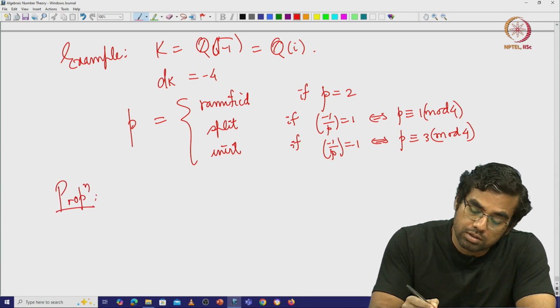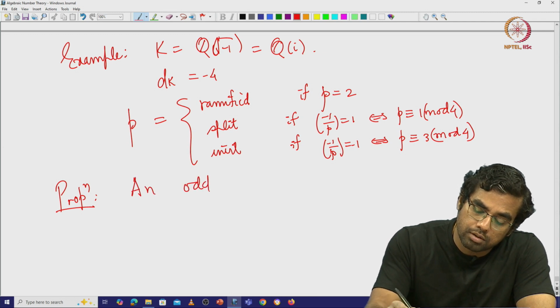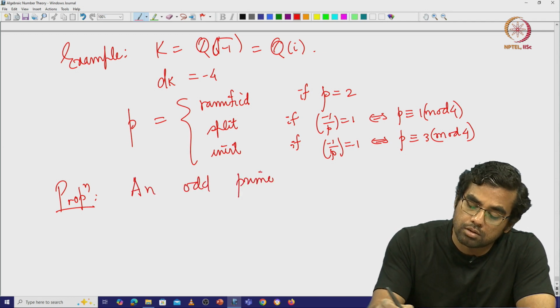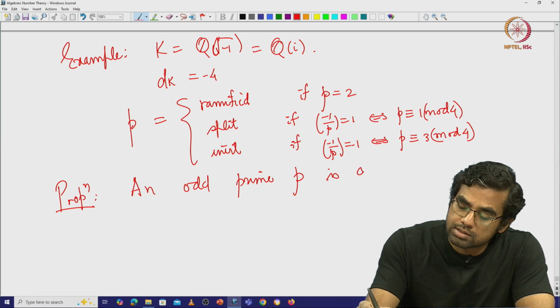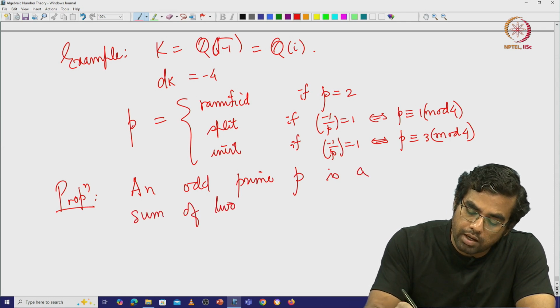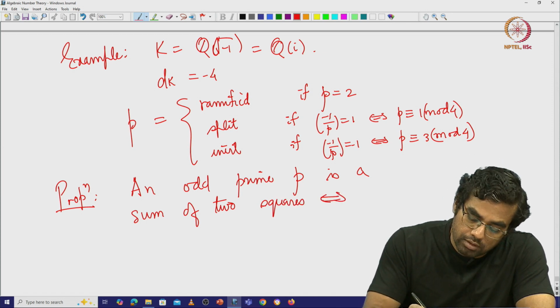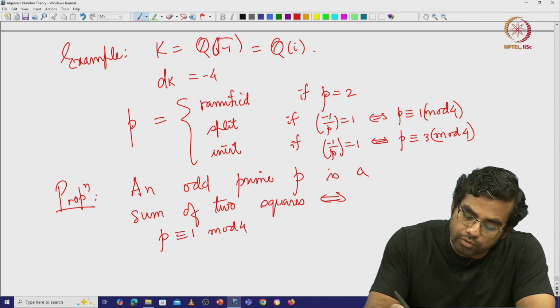This I think is originally due to Fermat. An odd prime p is a sum of 2 squares if and only if p is congruent to 1 mod 4.